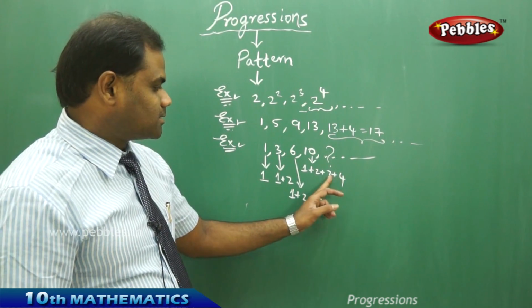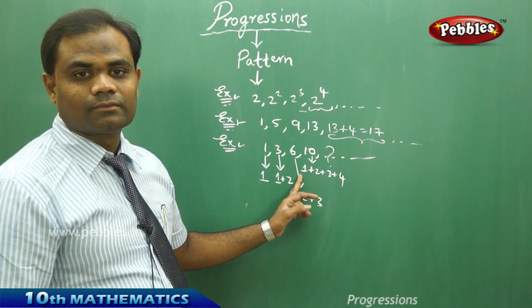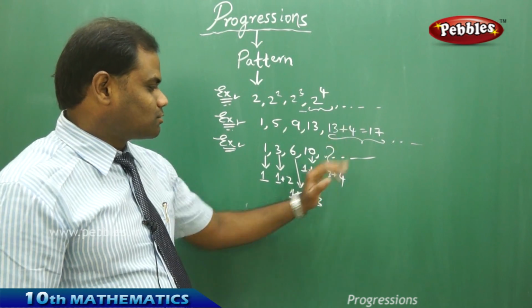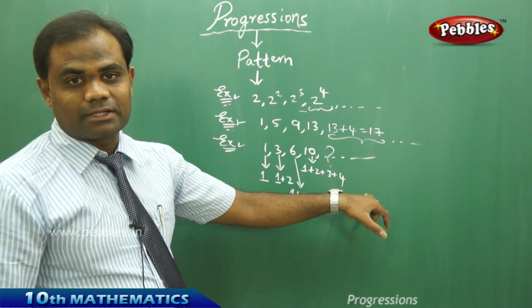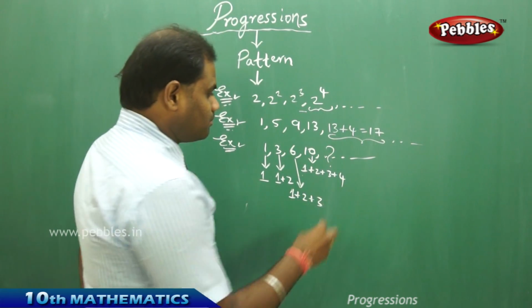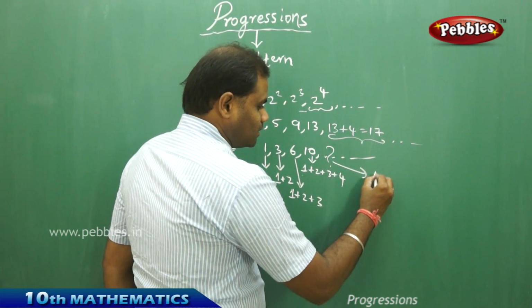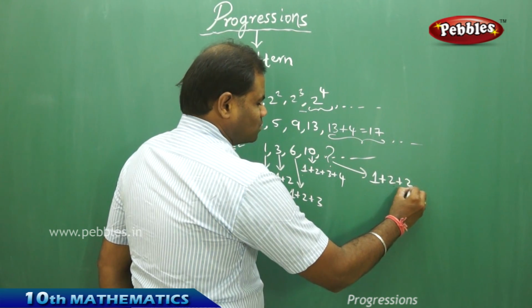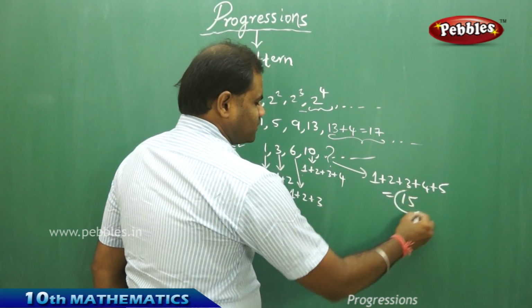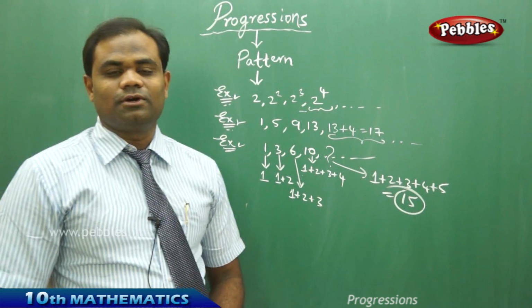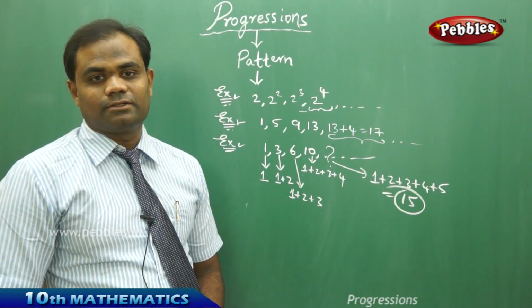When added, 4 plus 3 is 7, 9, and 10. Therefore, my next term is set to follow the similar pattern with 1 plus 2 plus 3 plus 4 plus 5, which gives me 15. So 15 is the next term of the pattern, is how we identify.